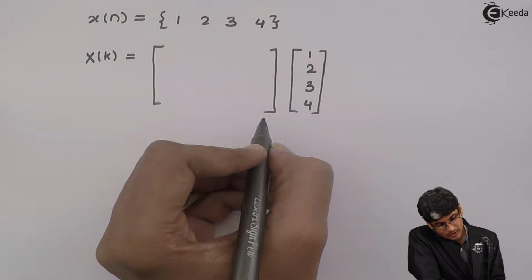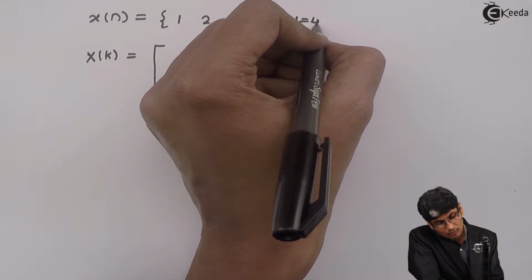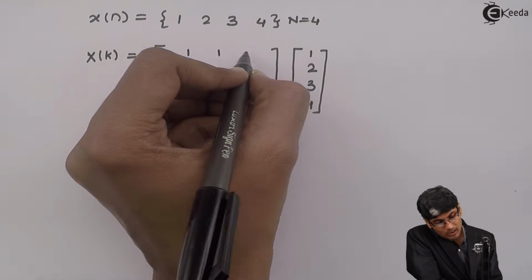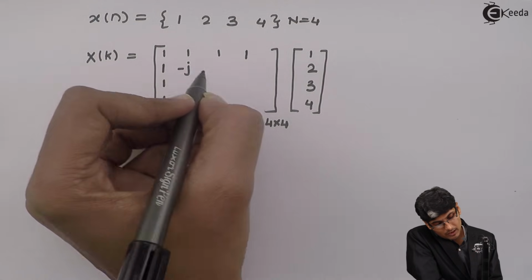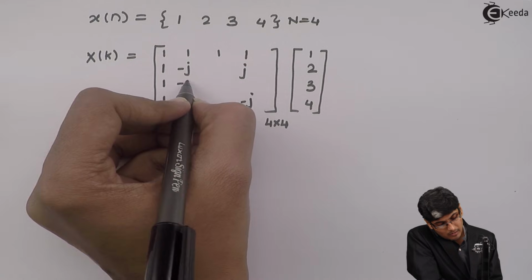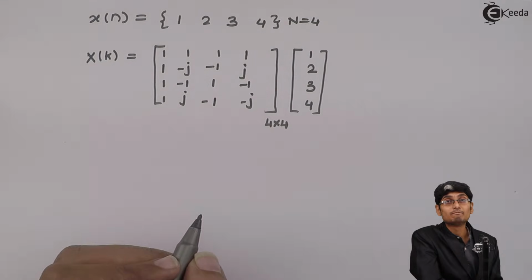Because it's a 4 cross 4 matrix, since my n is given as 4, my twiddle matrix will be the rows 1, 1, 1, 1; 1, minus j, minus 1, j; 1, minus 1, 1, minus 1; 1, j, minus 1, minus j.